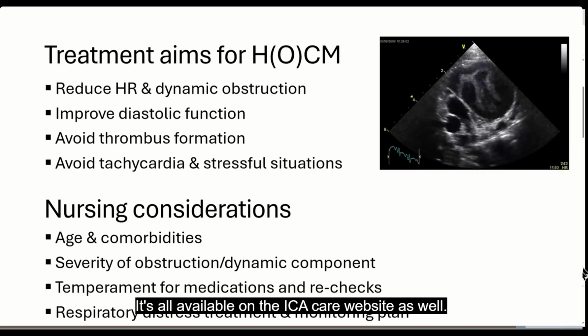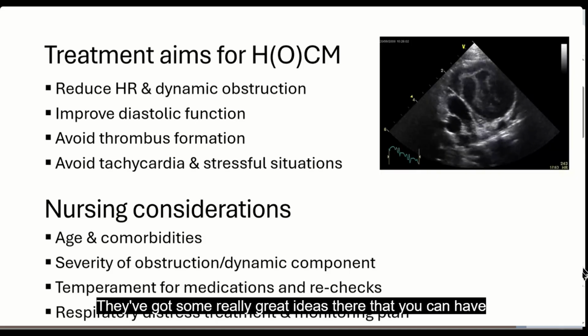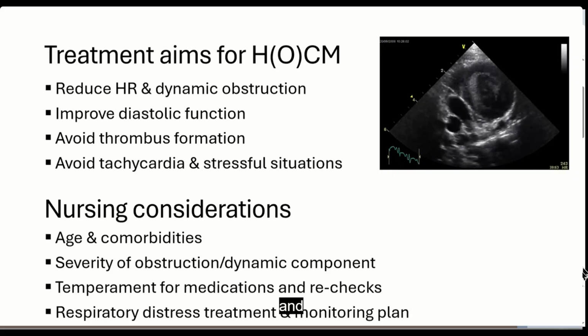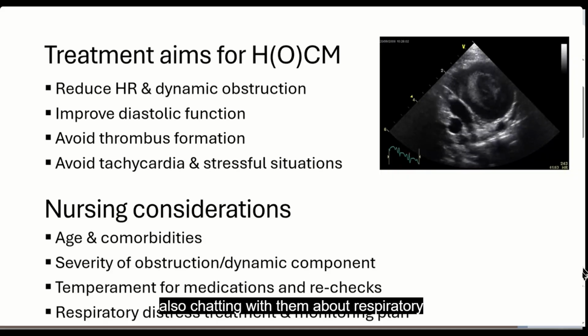They've got some really great ideas there that you can have a look at for working with your feline patient owners. And also chatting with them about respiratory distress treatment and monitoring plans.